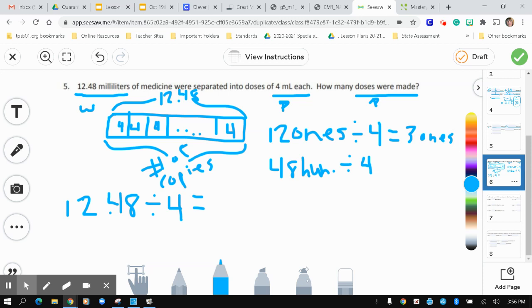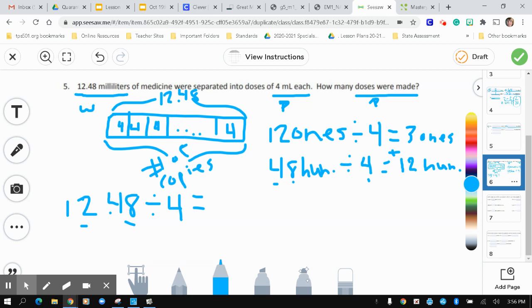And then we have 48 hundredths divided by 4. Well, my 4 divided by 4 is 1. My 8 divided by 4 is 2. So now I have 3 ones and 12 hundredths. But remember, when we split it apart into whole number and decimal, we have to put them back together.